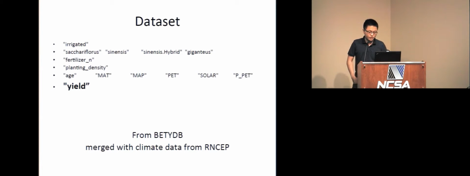The dataset contains some categorical variables and some continuous variables, like irrigated. The thing we want to study is the fertilizer, and also age, and also some other biological items. And the thing we want to predict is the yields data.